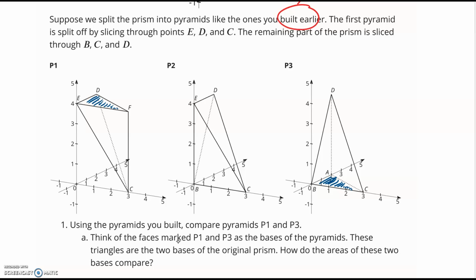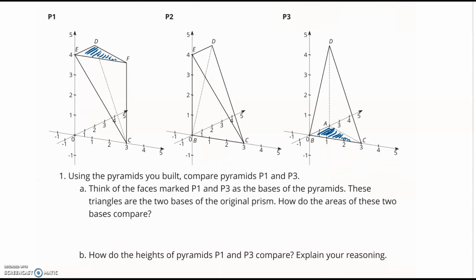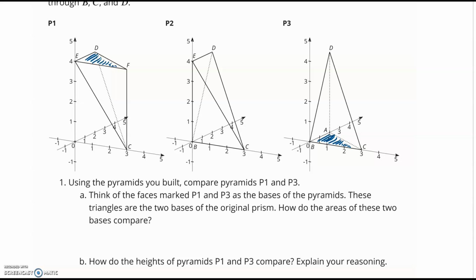The triangles here are the two bases of the original prism. How do the areas of these bases compare? So what we know is the areas are congruent.